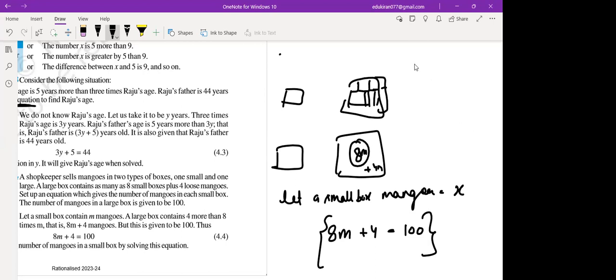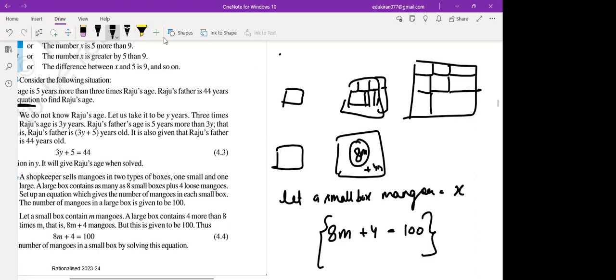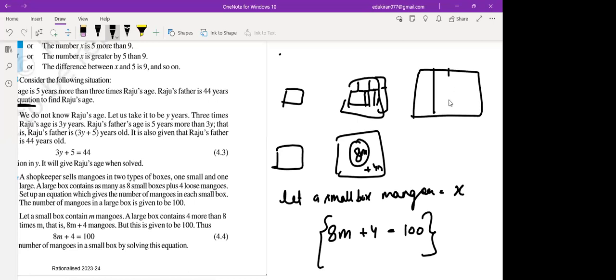See, this was a large box. Inside this large box, they have 1, 2, 3, 4, 5, 6, 7, and 8 boxes. Let me make it again. This is a large box, with 8 small boxes and 4 loose mangoes.